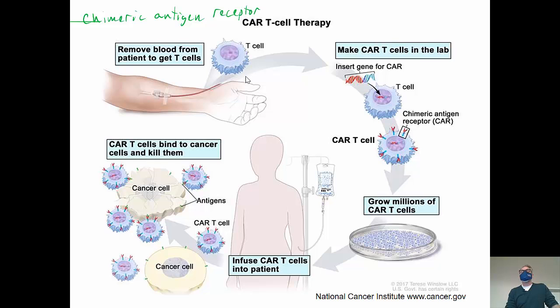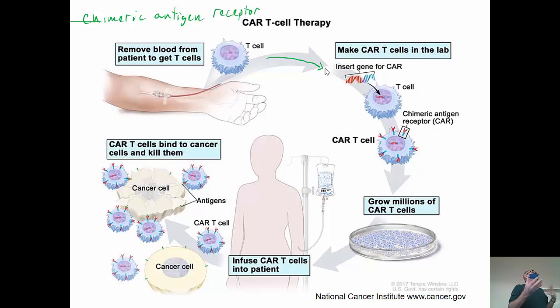She talked about this. Her company Lyell is working with this in Seattle. She gave our first talk this year. What we do is we engineer them so that they have a receptor on the surface, this chimeric antigen receptor, that recognizes something on the surface of a tumor. So we engineer this onto this T cell. We then grow up the T cells. Keep in mind, these T cells have come from the patient.